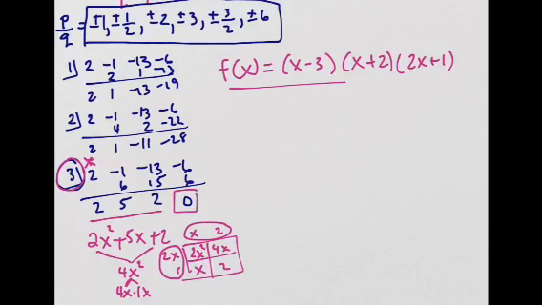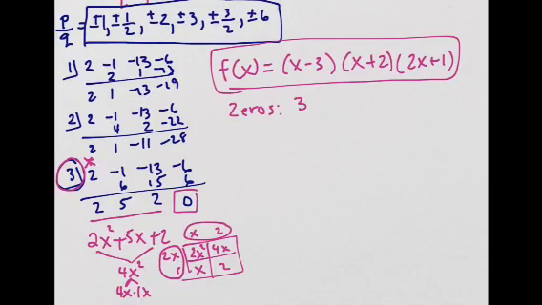So this is the factored form of the polynomial. Okay, from the factored form, I could find the zeros, which are 3, which of course I already knew right here that it was 3, right? And then negative 2 and negative 1/2.